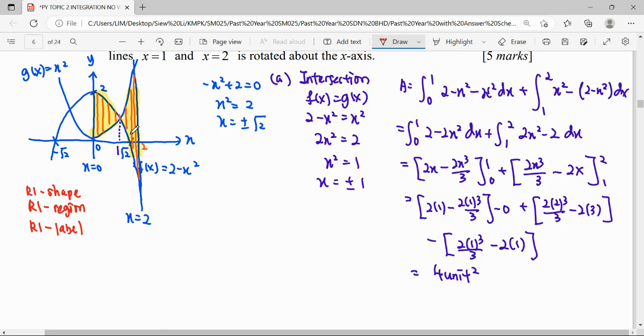Then for finding the area, our first step is to state the formula clearly. So the whole formula here will be our basics. Then simplify it, start to integrate, and then show our upper limit minus lower limit to get this figure.